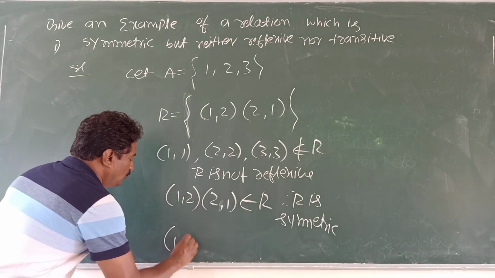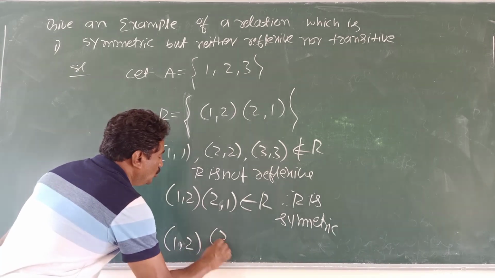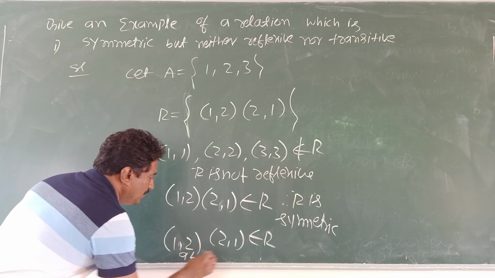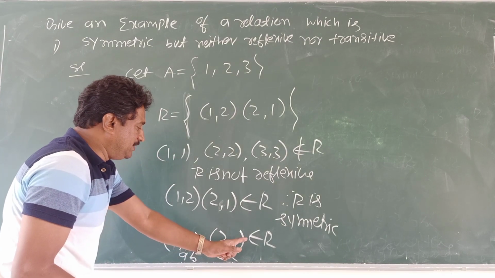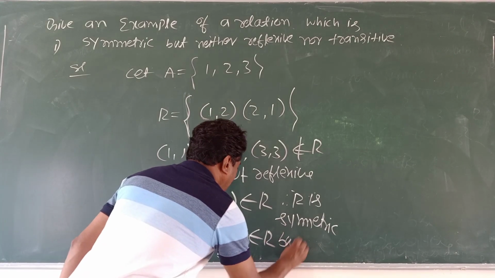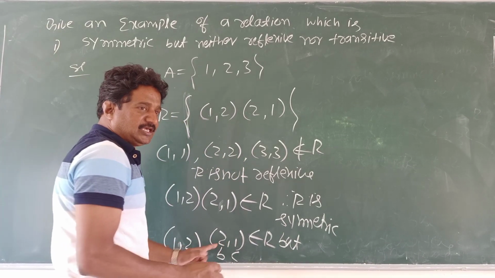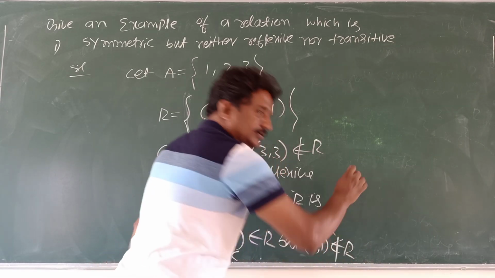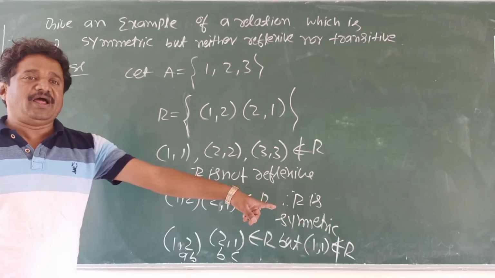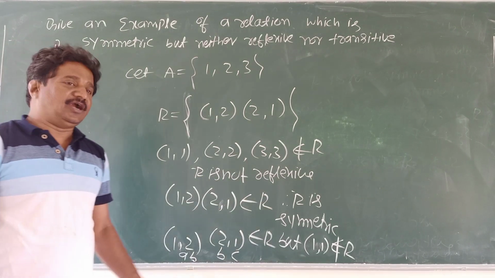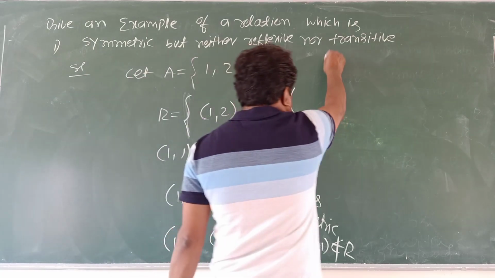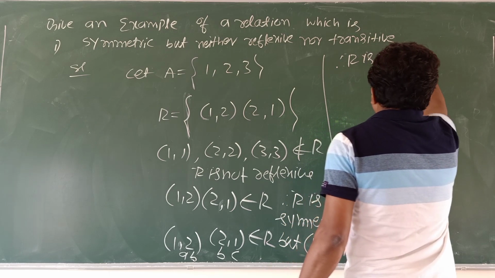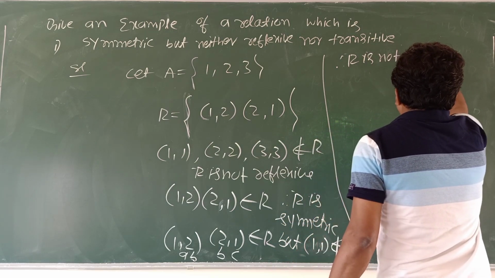Look at this one. (1, 2), (2, 1) belong to R. That is (A, B), (B, C) belong to R. But AC, tell me how much is AC? (1, 1) does not belong to R. Therefore, R is not transitive.